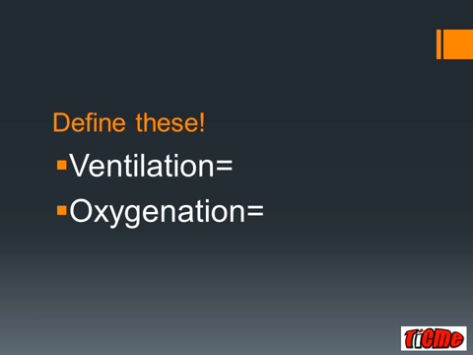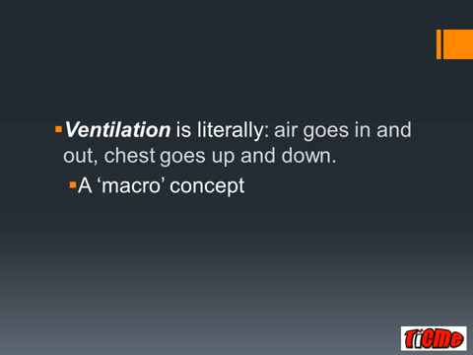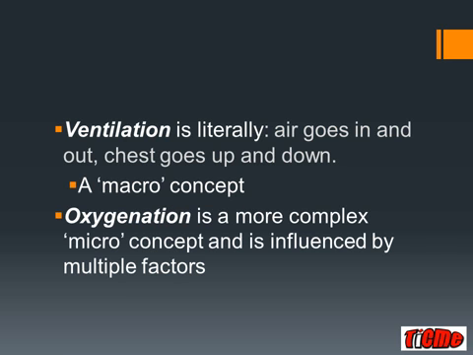How did you go? Ventilation is best thought of as a macro kind of concept. It's literally that air goes in and out and the chest goes up and down. Oxygenation is, however, a far more complex micro kind of concept, and it's influenced by multiple other factors.